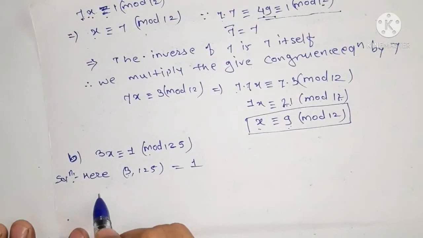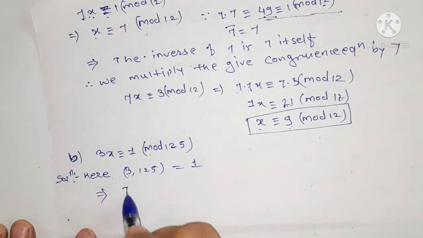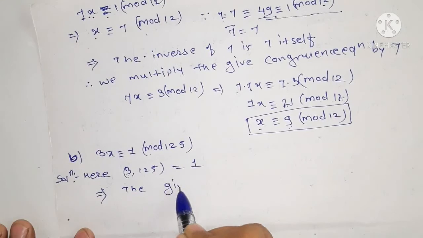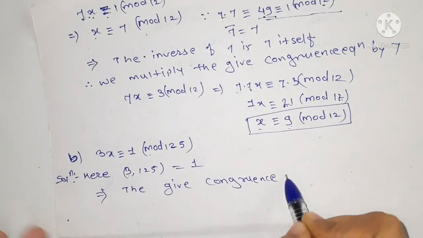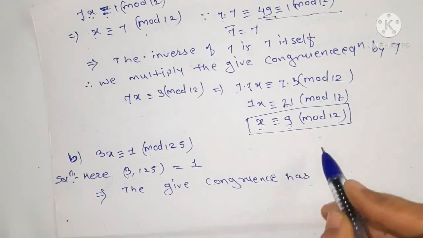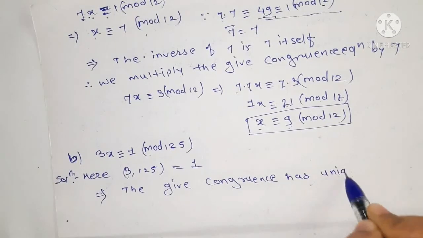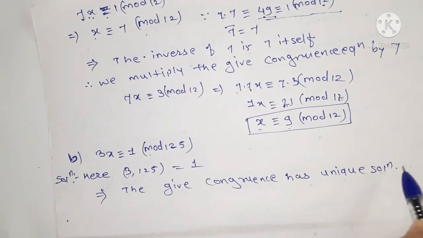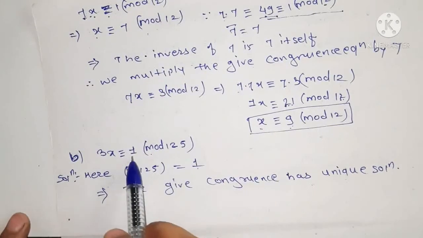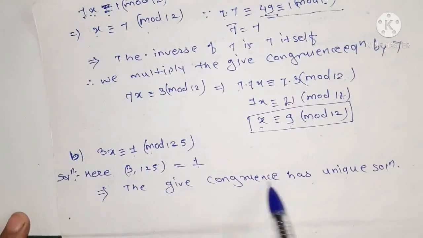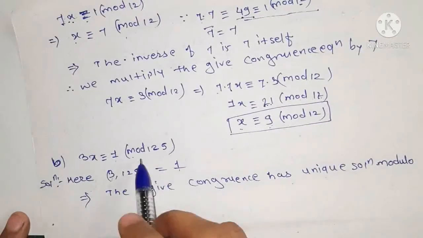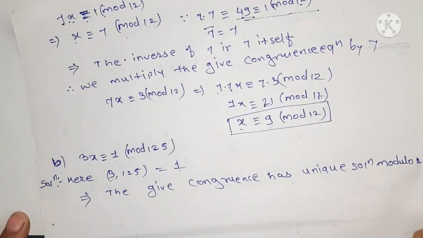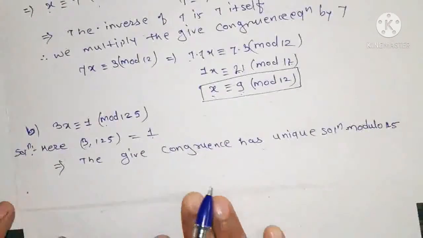And therefore we can say the given congruence has a unique solution, and 1 also divides this 1. Therefore this has a unique solution modulo 125.